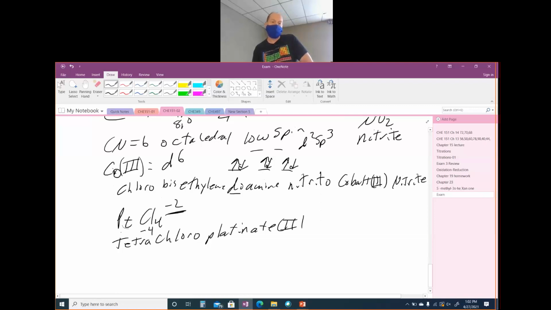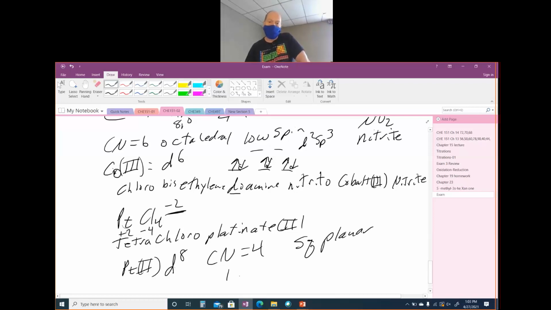This has to be a +2 in order to give an overall charge of -2. All right, and so your platinum 2, you find platinum on the periodic table. The number at the top of the column of platinum is 10. So platinum 2 is d8. Coordination number is 4. This is square planar.